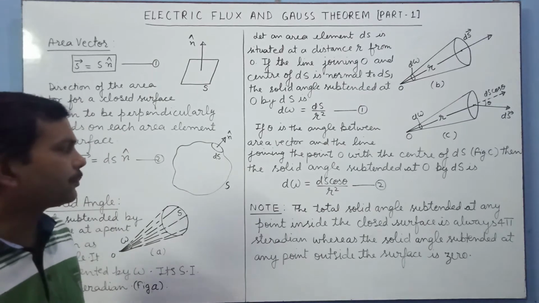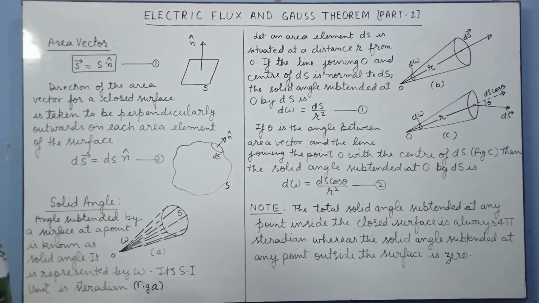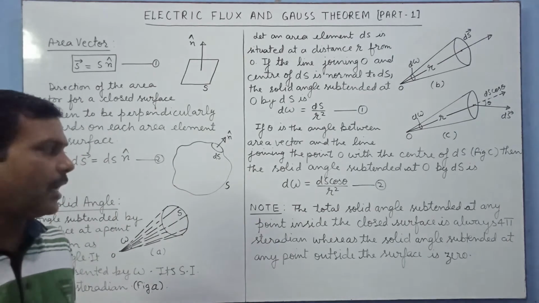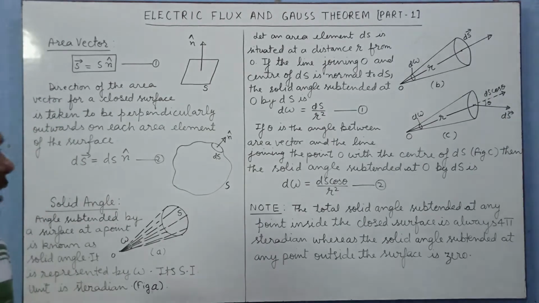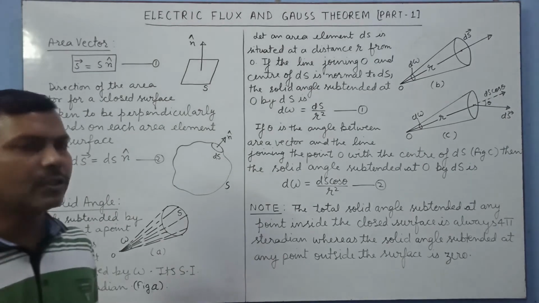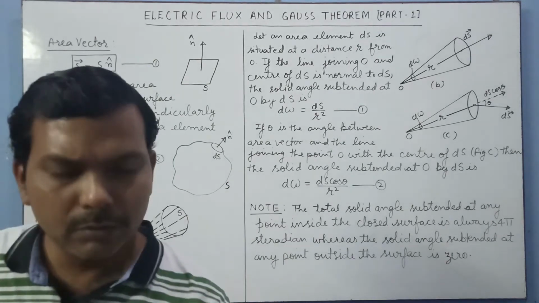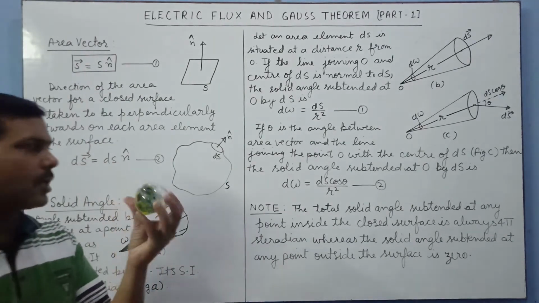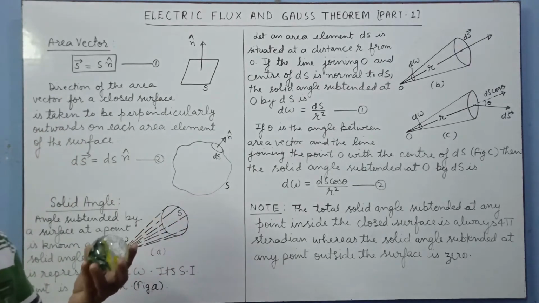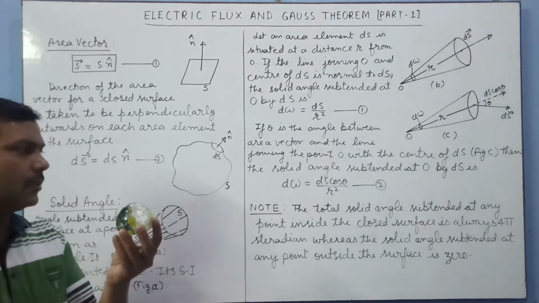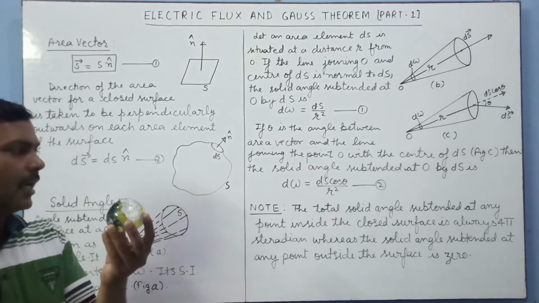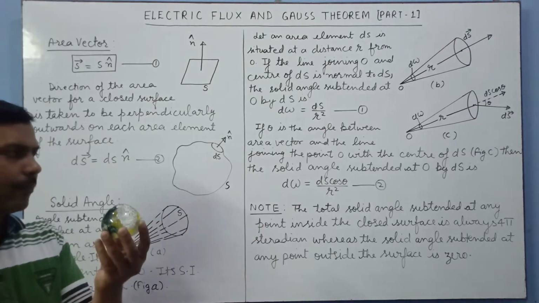Now, the total solid angle subtended at any point inside the closed surface is always 4 pi. Suppose we consider a closed surface and we want to find out the total solid angle subtended at a point inside this closed surface.